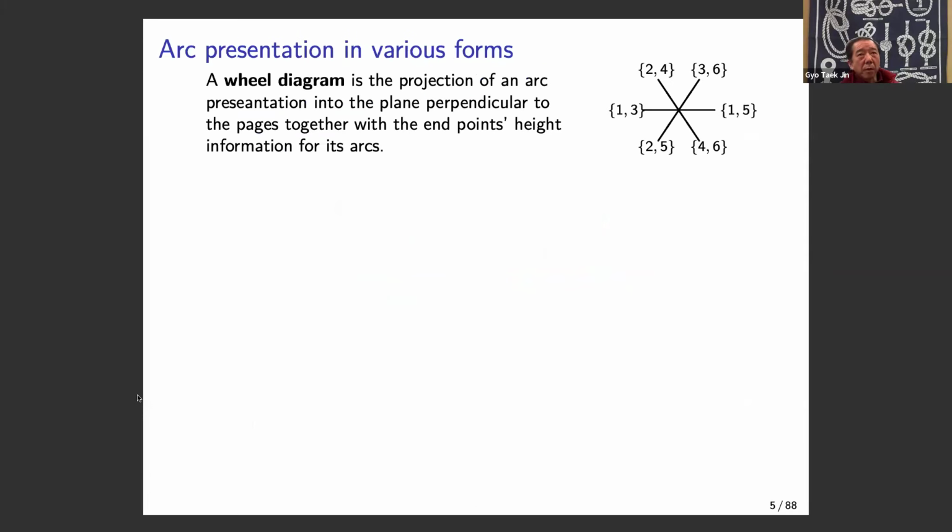There are various ways to describe the arc presentation. Here is a wheel diagram.